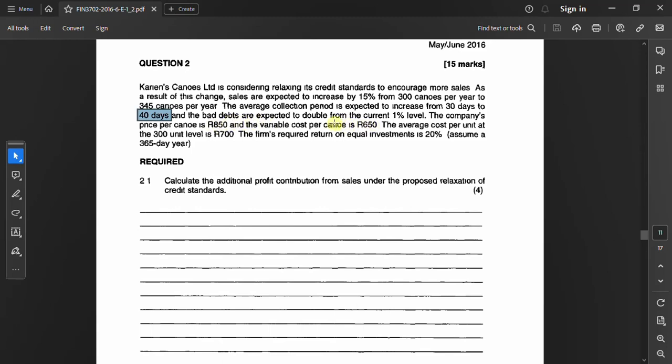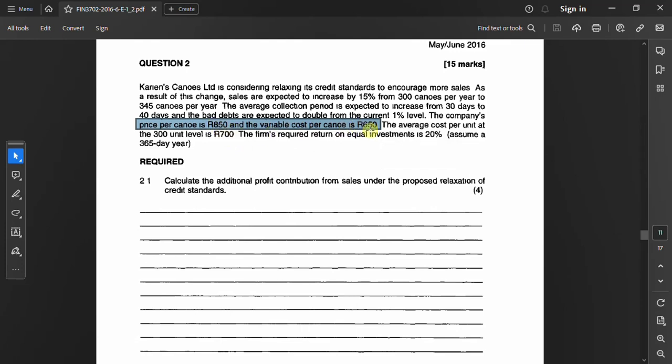And your customers are not going to pay sooner, they're probably going to pay a little bit later. So based on this individual's analysis, they've indicated that your ACP is going to lengthen. If your ACP is going to lengthen, you're going to have an increase in your accounts receivable investments. That's the second part. So 2 things.